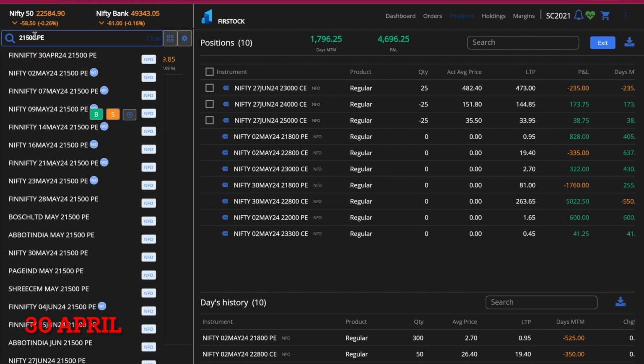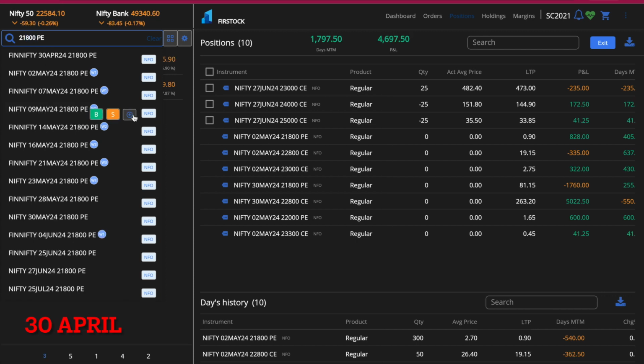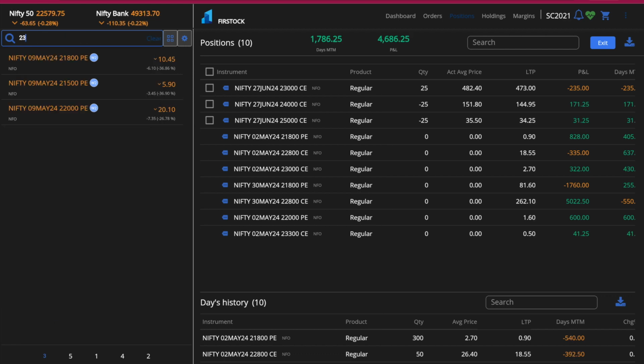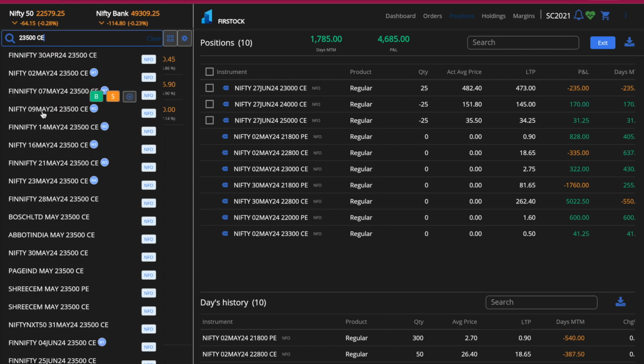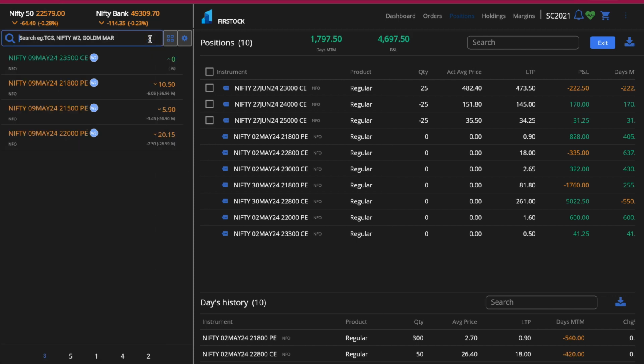And then we go ahead with the 21,800 PE. So these three are already put, and now the 23,500 CE. There is a future CE 23,500. Now we clear this off, and we put this reference trade.